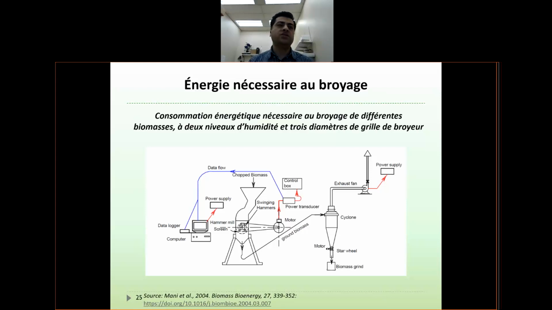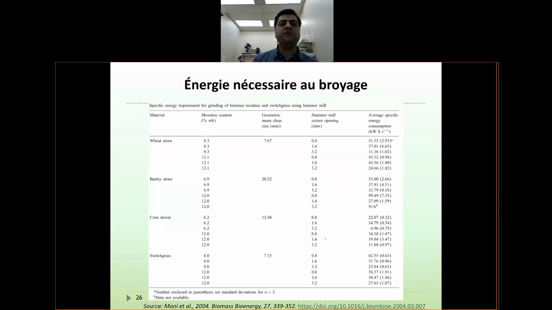So for example, in this case you can see the structure of a flash dryer. You can see that here feed is added to this horizontal column. In the horizontal column, the feed gets kicked out by a very high velocity of hot flue gas, and then they go into this vertical column.